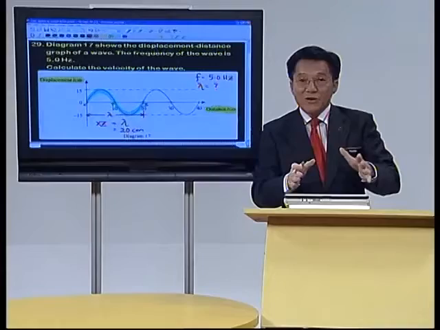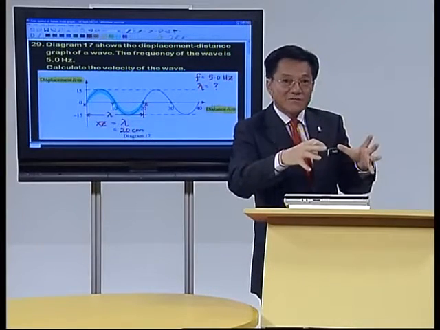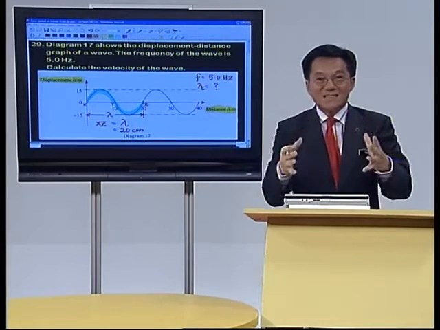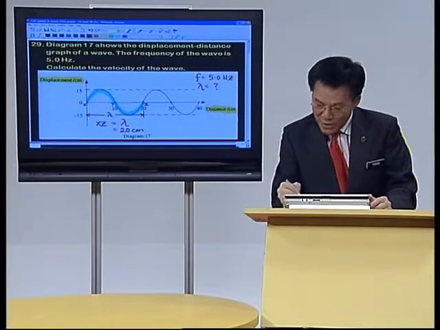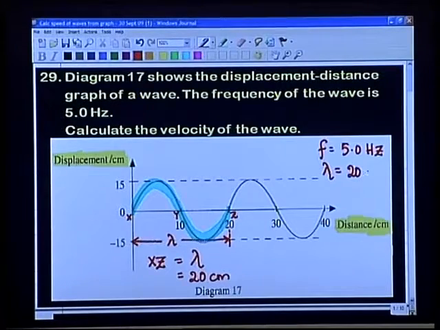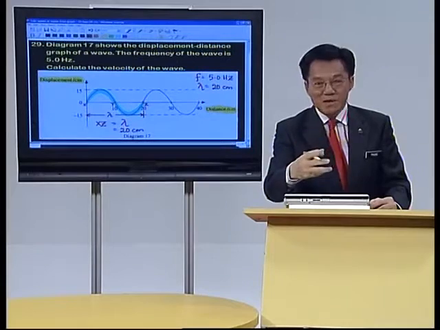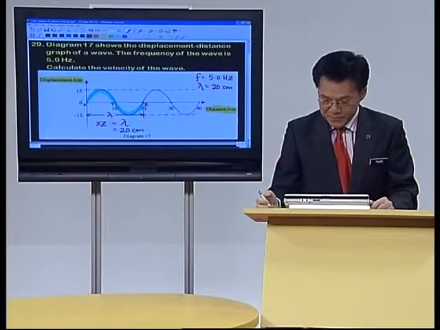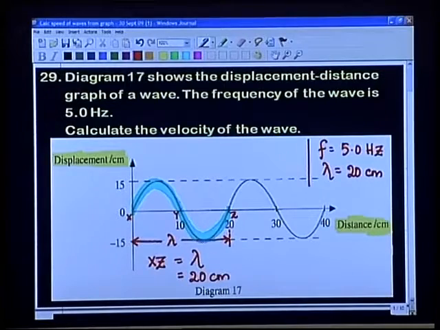So this is a very important aspect of the graph of the wave that you must know. And once you have got this, this becomes as easy as ABC. So now I will write down on top here, what is lambda, the wavelength? 20 centimeters. Now, the rest of it is very easy because using the formula, the velocity of the wave equals f lambda. So, what is the velocity?